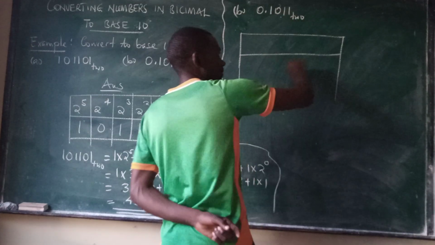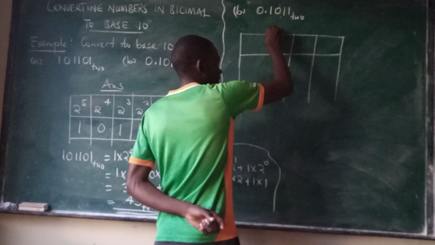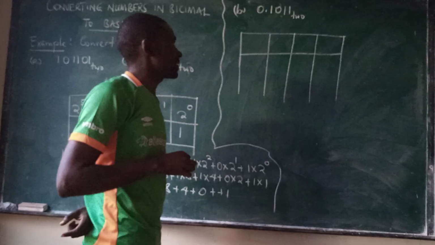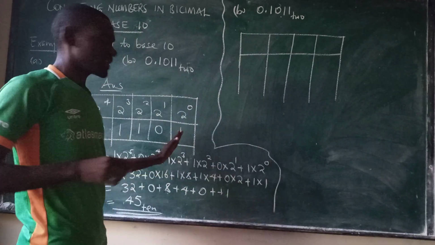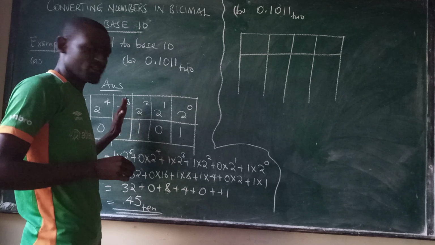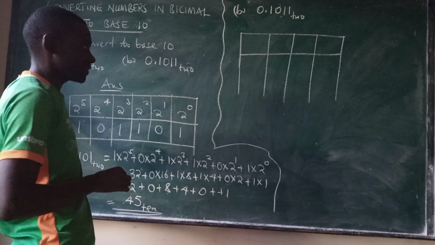So let me put the 4 place values here, bearing in mind that this is a fraction. The way it is, these are ones, these are twos, here we have 4s, 8s, 16s, 32s. If they are going on, we'll have 64.